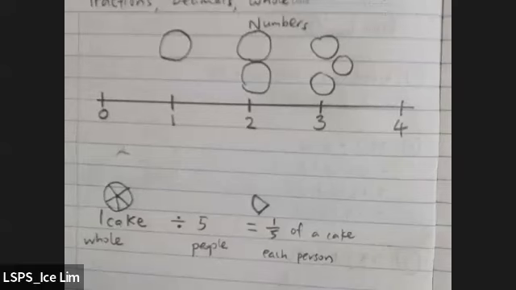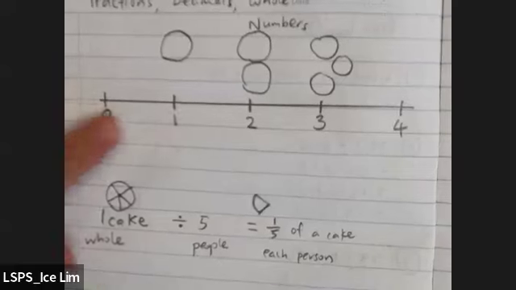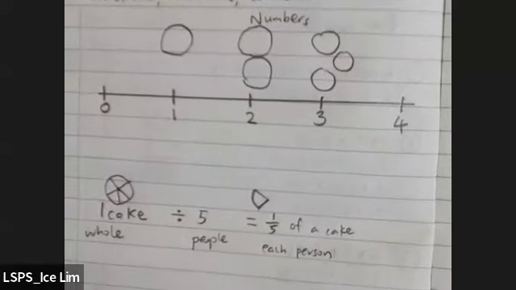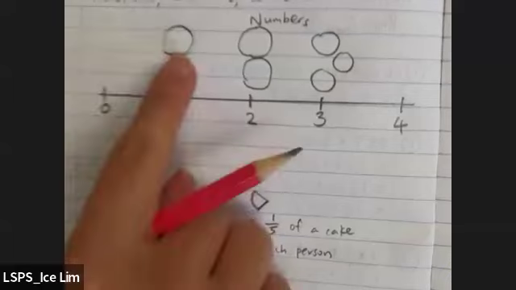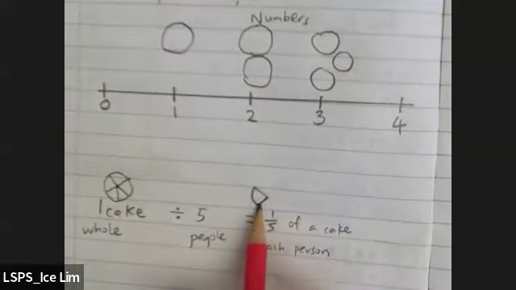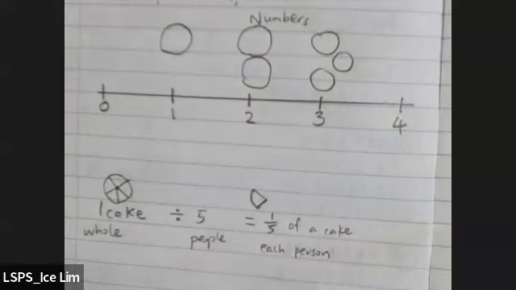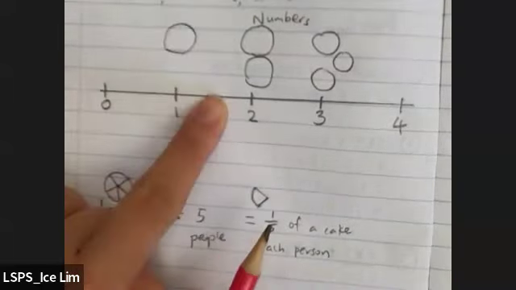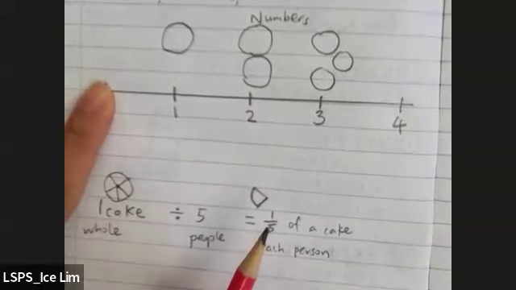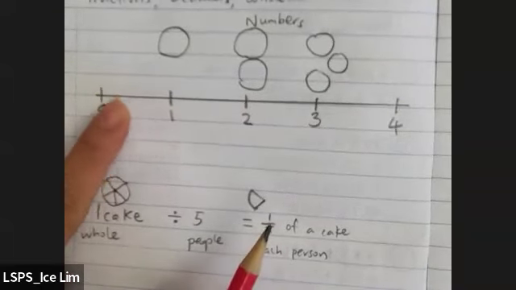Now, can you find the fifth on the number line? The 1/5? So this is one whole cake, right? Where should I place this on the number line? Here?